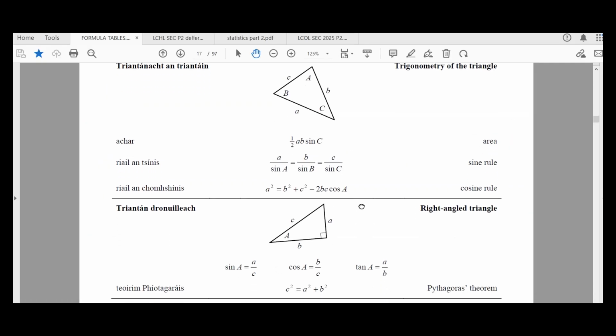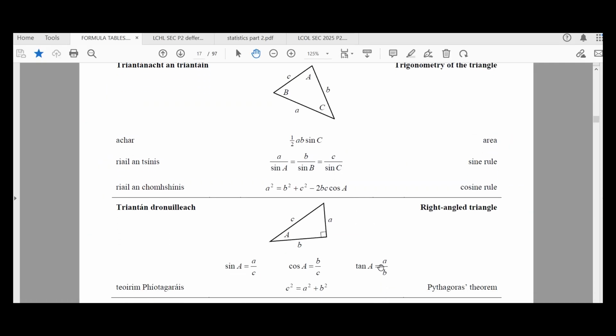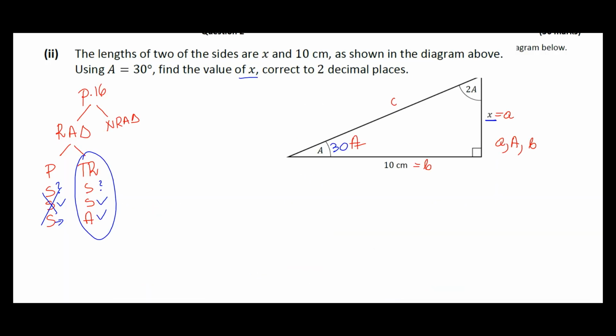Looking at our table, the three formulas, we can see that tan is the one that has all those elements. Tan of A is a over b. Now, next thing, we replace letters with the numbers from our own situation. So tan of capital A is 30, equals a fraction, small a, that's our x, over small b, that's our 10.